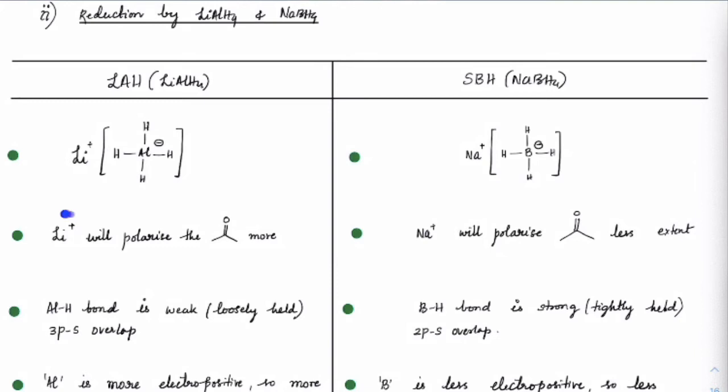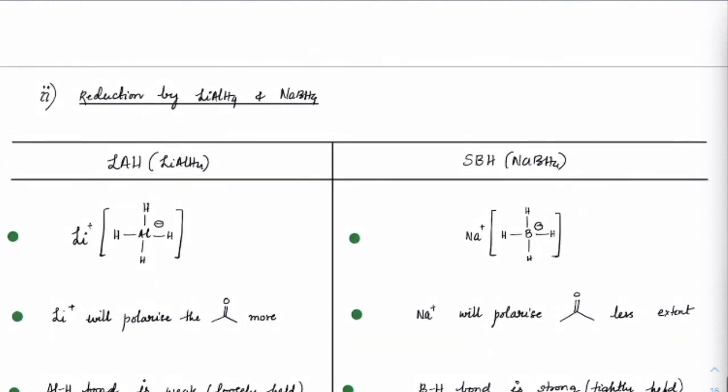Now if you compare Li plus and Na plus, which has more polarizing power? Li plus has more polarizing power compared to that of Na plus, which means, try to understand this carefully.